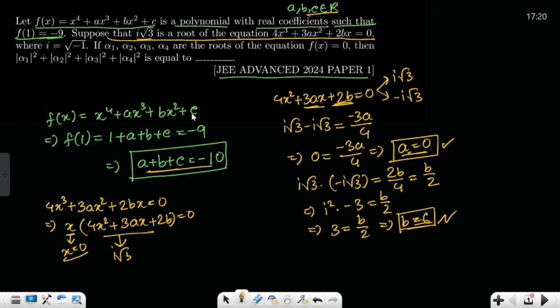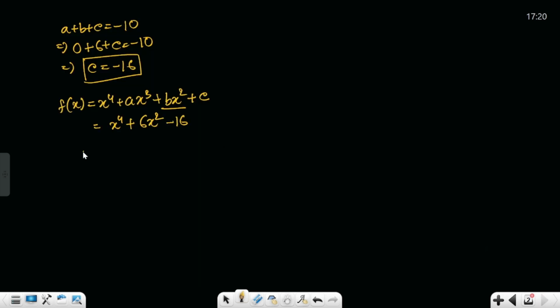Okay. Now let's move to the third statement. If alpha 1, alpha 2, alpha 3, alpha 4 are the roots of the equation f(x) equal to 0, so let's solve f(x) equal to 0. Then it will be x to the power 4 plus 6x squared minus 16 equal to 0.